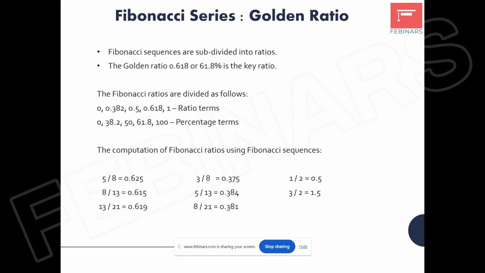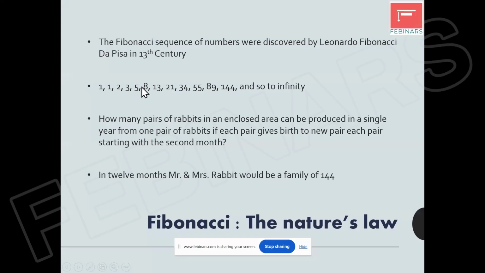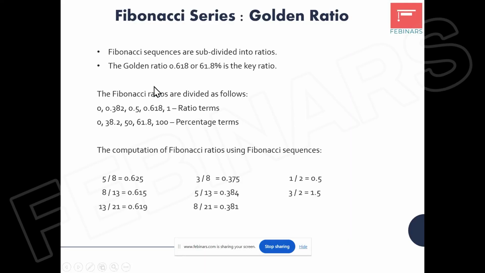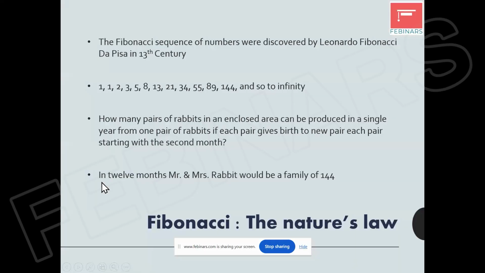The computation, how you do it, like having a sequence of Fibonacci numbers, what we are doing here is, let us take any of the random numbers. As we have seen here, 5 by 8 is 0.625, 8 by 13 is 0.615.